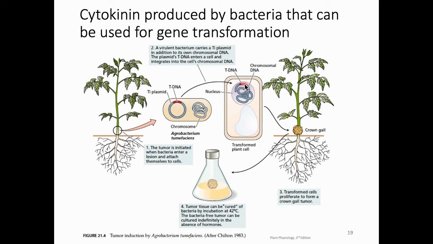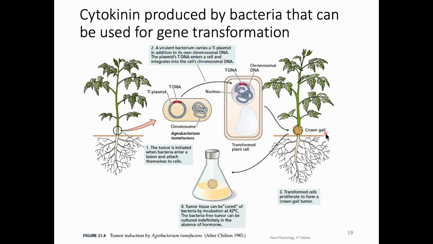The gene that encodes cytokinin production will be transferred to the plants, and plants will have the symptom that is more like cancer cells. It produces more cells because cytokinin promotes cell division and produces a lot of cell mass. We call it crown gall disease.